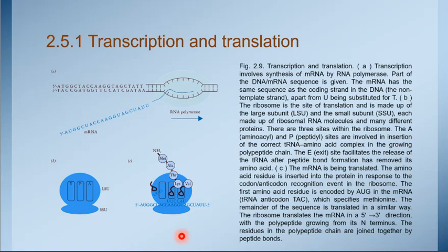The remainder of the sequence is translated in a similar way. The ribosome translates the mRNA in a 5' to 3' direction, with the polypeptide growing from its N-terminus. So the residues in the polypeptide chain are joined together by peptide bonds.